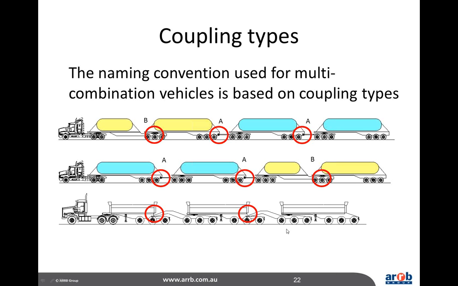But with putting that B combination at the rear and having a B coupling as the last coupling in the chain, we reduce rearward amplification. So that can make a vehicle much more stable if it had to do an evasive manoeuvre, or if it was just simply negotiating curves. The rear trailer set is going to amplify any lateral acceleration a lot less than the rear trailer set in the BAA combination.